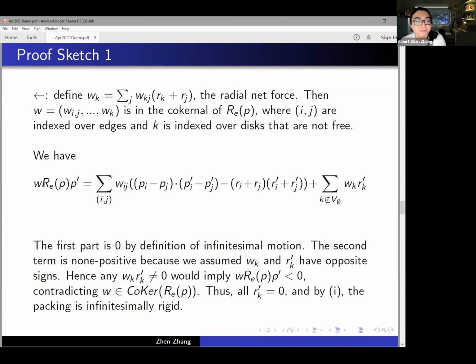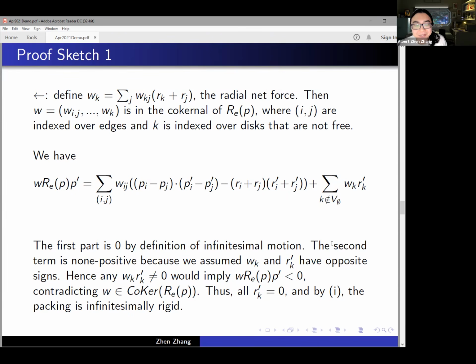Then we can use omega times the extended rigidity matrix times p prime, and we get this term over here. So the first part must be 0 by the very definition of infinitesimal motion, because each term here being 0 is the definition of infinitesimal motion.